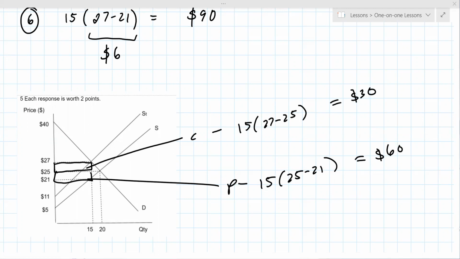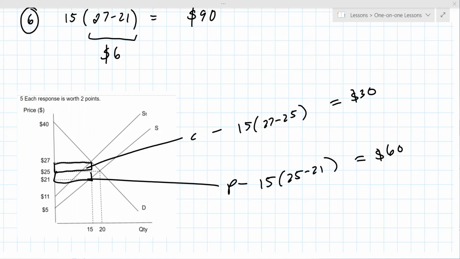How much is the total expenditures after the tax? I don't actually know what they're referring to there. Maybe they're asking for the quantity.